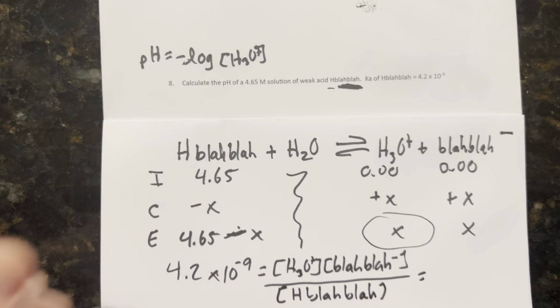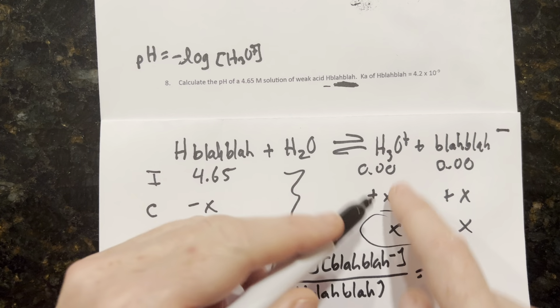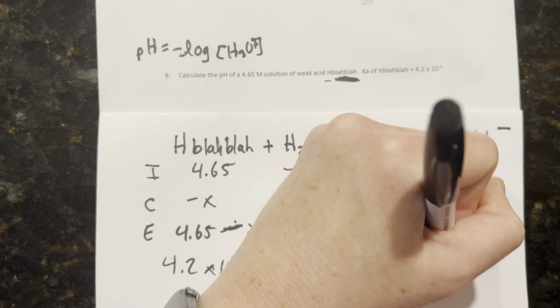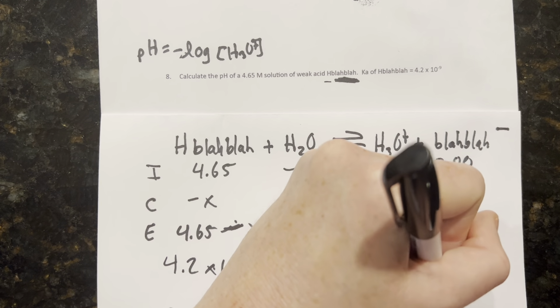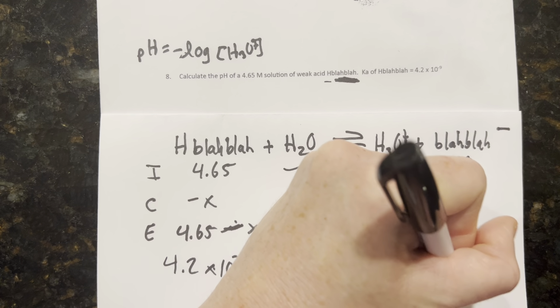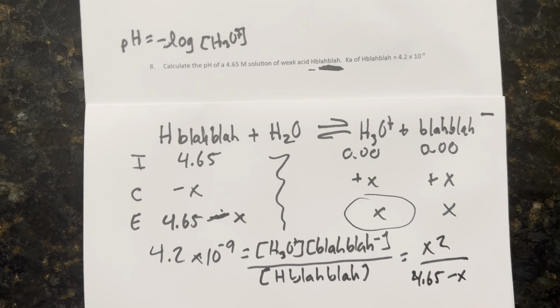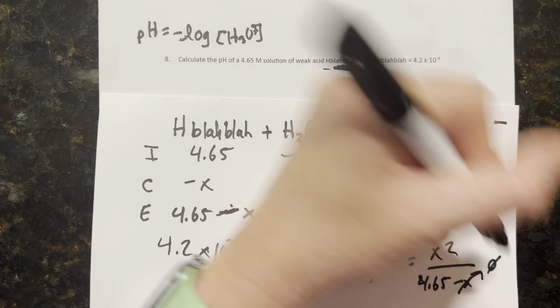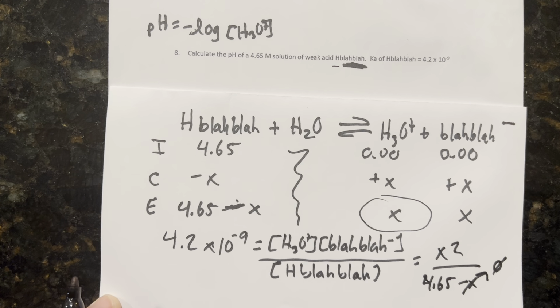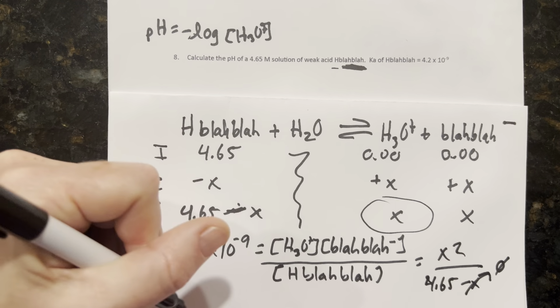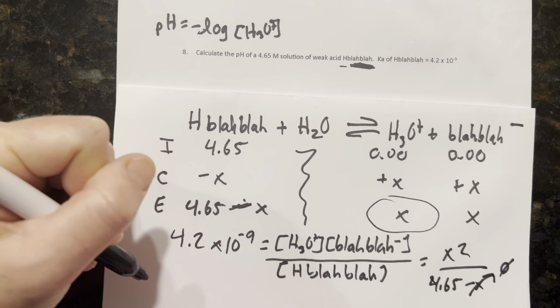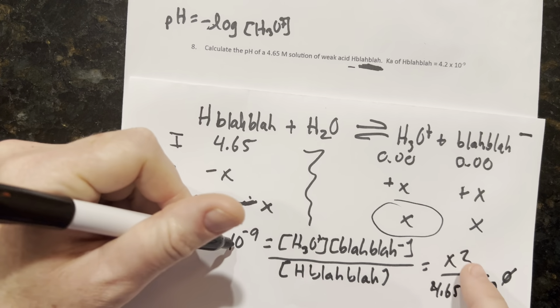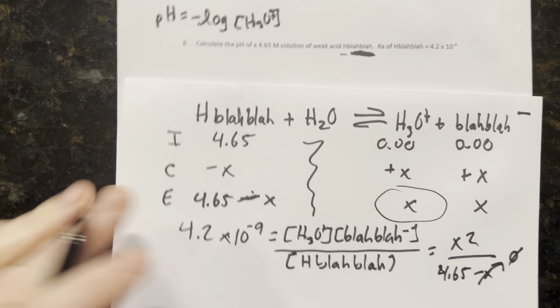In other words, X times X, put this one in there, that one in there, which would give us X squared, all over 4.65 minus X. We're subtracting a small number from a bigger number, that's approximately 0. All right, so now we have 4.2 times 10 to the negative 9 equals X squared over 4.65.